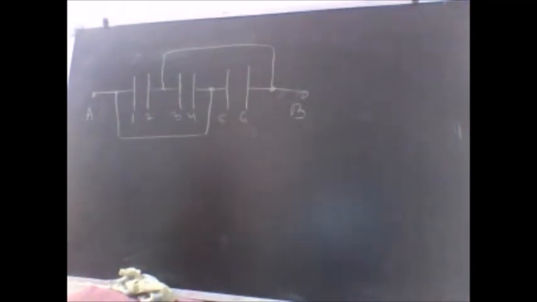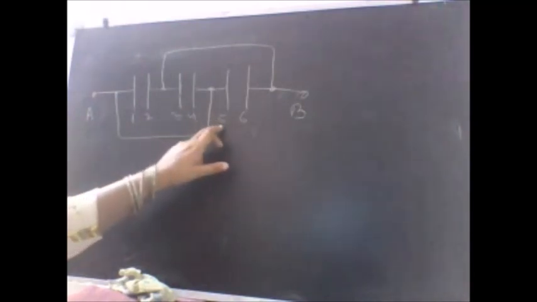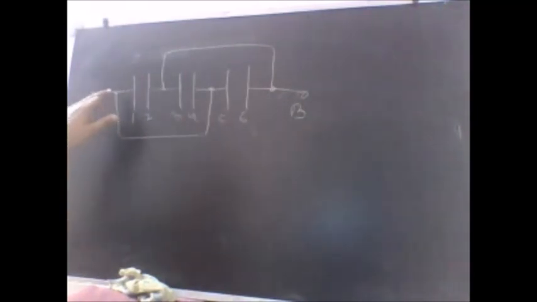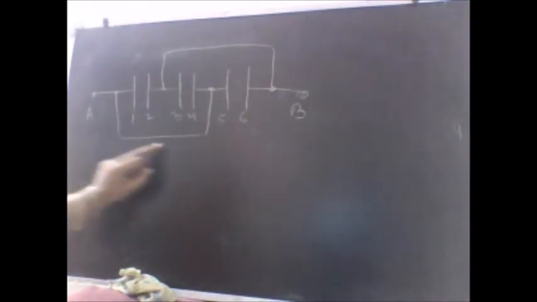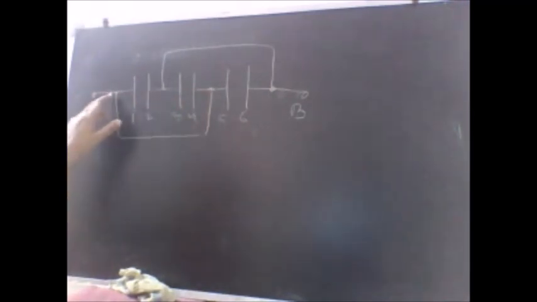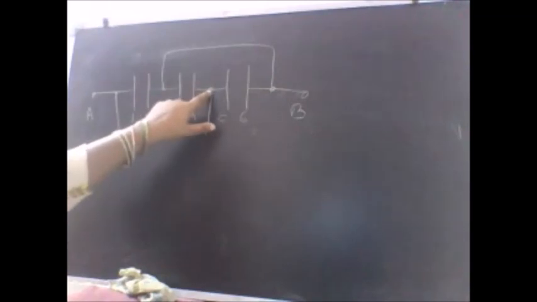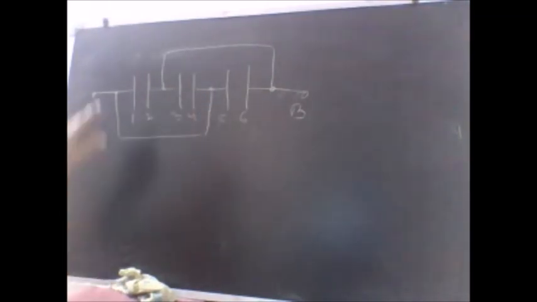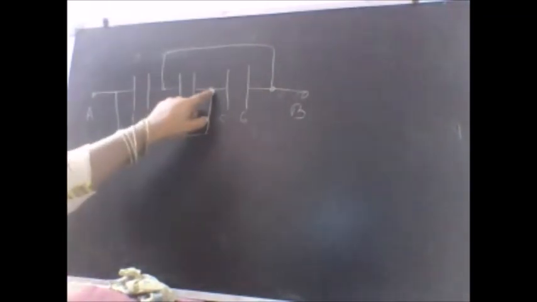What is given in the question is that you are given 6 plates, 1, 2, 3, 4, 5 and 6, and this wire placed between plate 1 and plate 4 is short circuiting this point and this point.